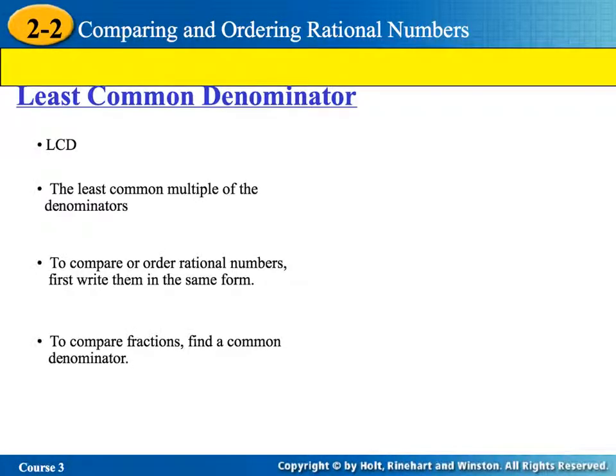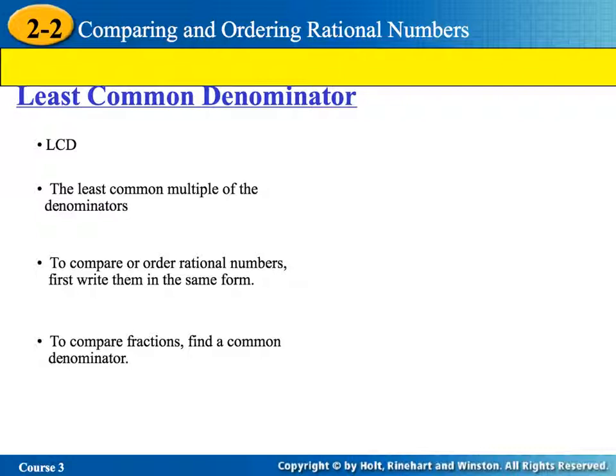The first thing I want you to do is write down LCD. Alright, so LCD, or least common denominator, is the common multiple of the denominators. You can use this to find a common denominator that's the smallest number in order to compare two fractions.